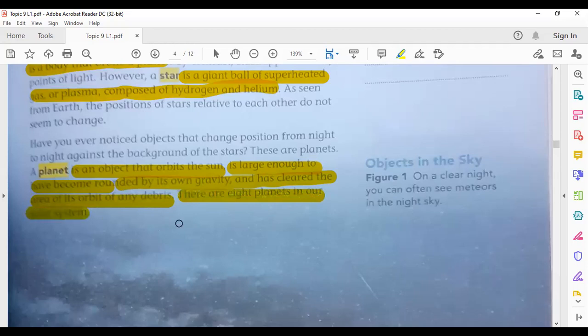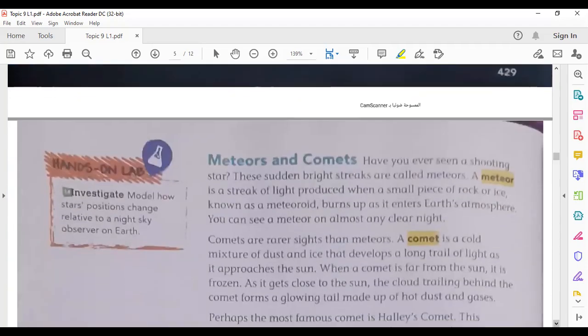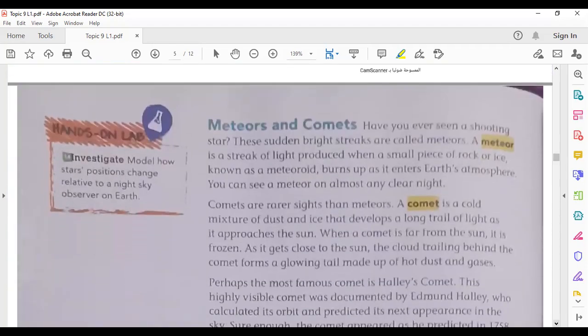Who can list them for me without cheating? Who can list for me the 8 planets in the solar system? Earth. Mars. Venus. Excellent.